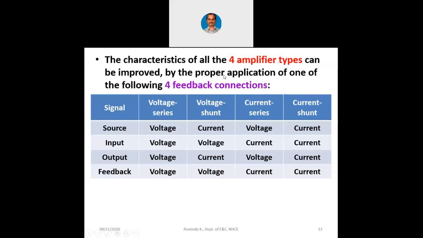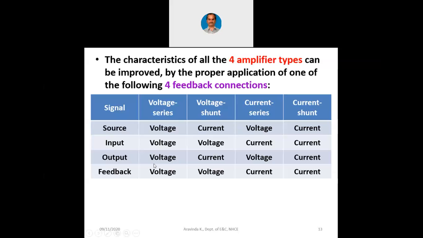Now in all of those amplifier types, the performance can be improved by means of the additional four feedback connections. Those feedback connections are voltage series, voltage shunt, current series, and current shunt. In the case of voltage series, the source is voltage, input is voltage, output is voltage, feedback is also voltage. But in the case of voltage shunt, the source is current. I had shown you why we use a current source there.